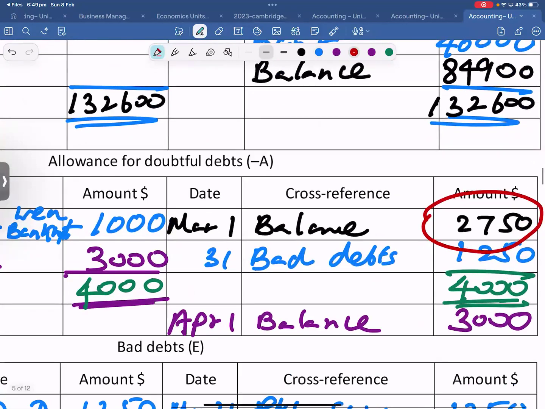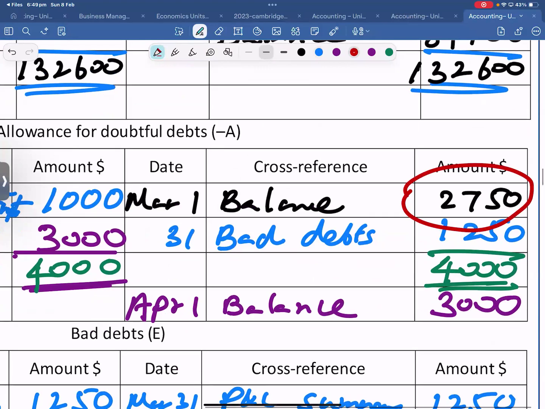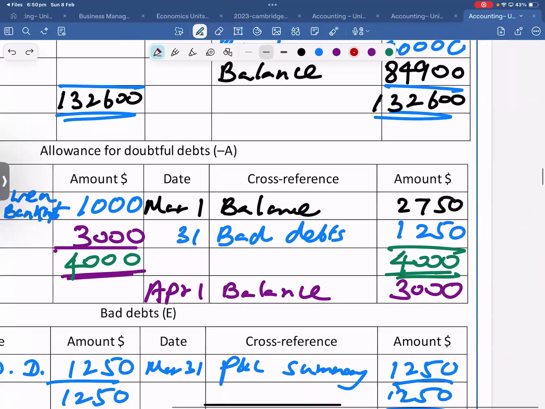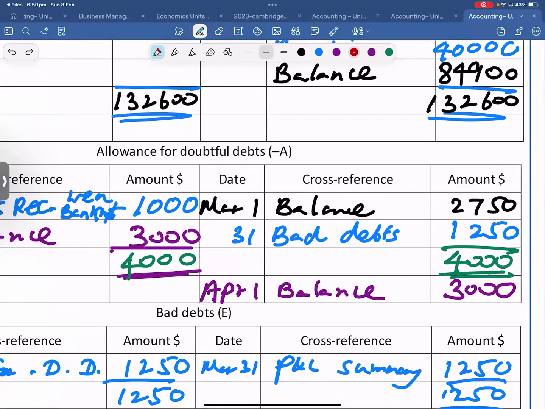When we started the period, we said to the users, look, we are not sure about 2750. Now we are saying this 2750 decreases. What does that mean? The users of the report. Is my question valid?